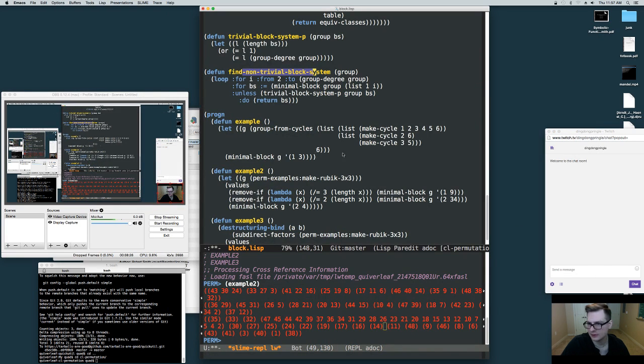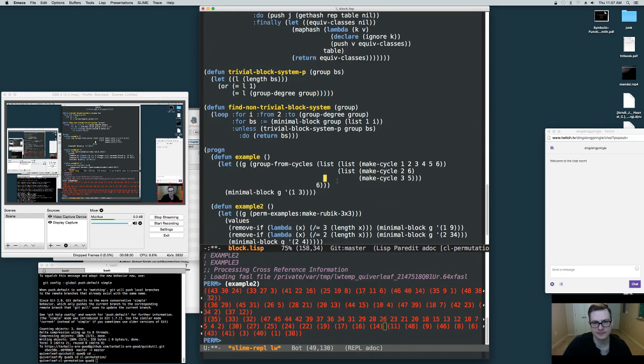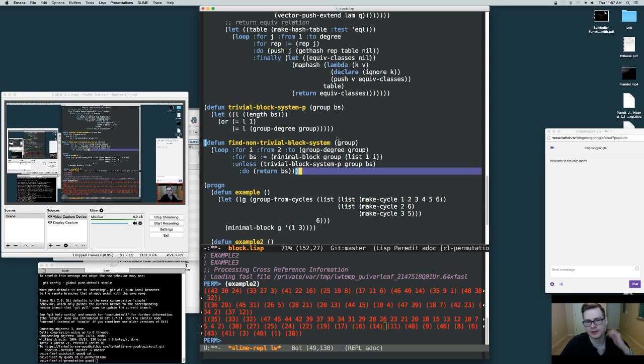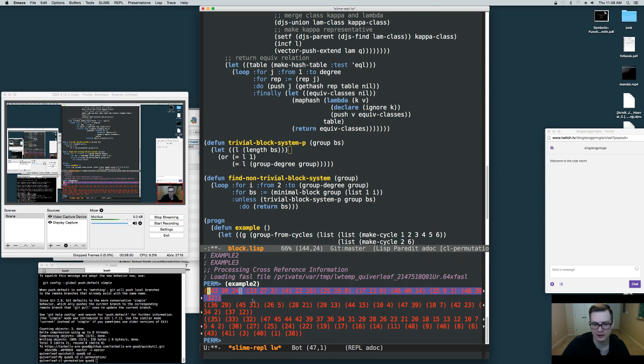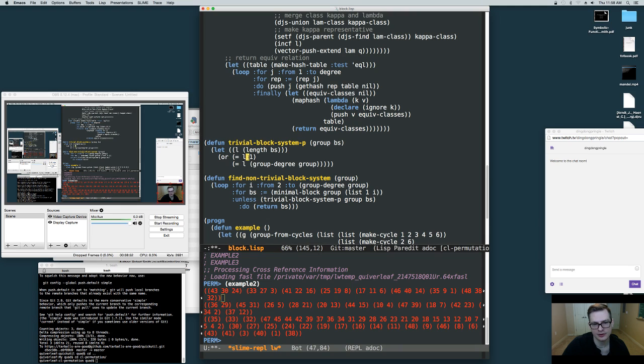So find non-trivial block system. What this does is, and there is a more efficient way to do this, I'm sure. First, let's define trivial block system. A trivial block system is one where the length of the block system, so this decomposition here, is either equal to 1 or equal to the group degree.